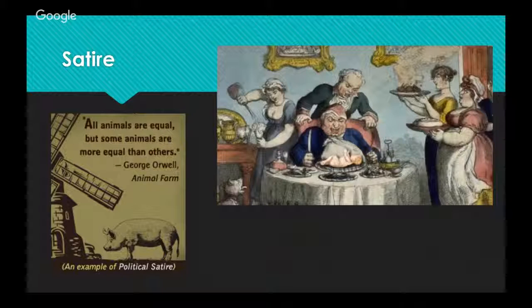It can use humor or wit as a weapon. Often the purpose of a satire is to try to shame or guilt individuals into improvement. So the purpose isn't just for entertainment, it's more to make a change.